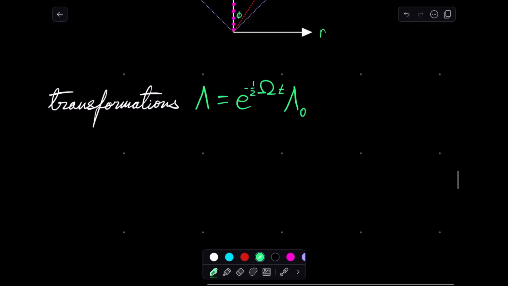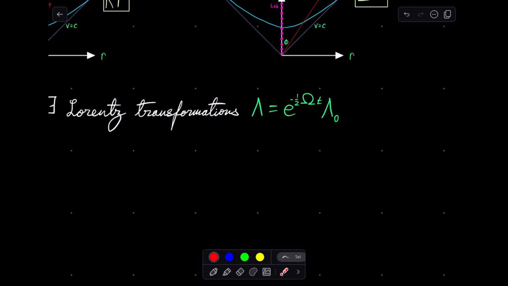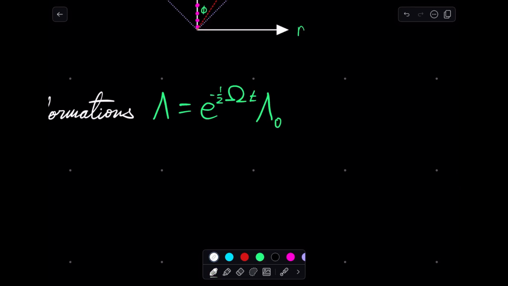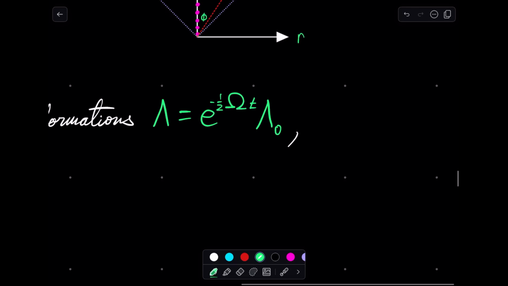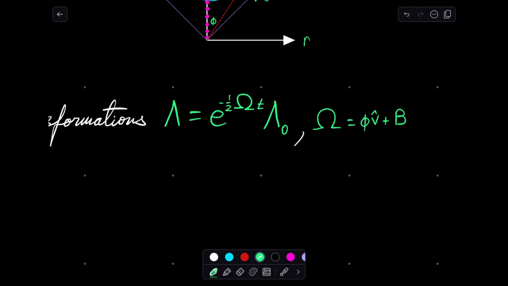So this is called a Lorentz rotor or a Lorentz transformation. And in this definition, it is seen that omega is equal to phi v plus b. So there is both a rotational component and a boost component.